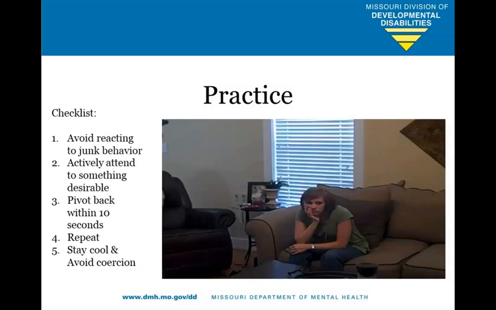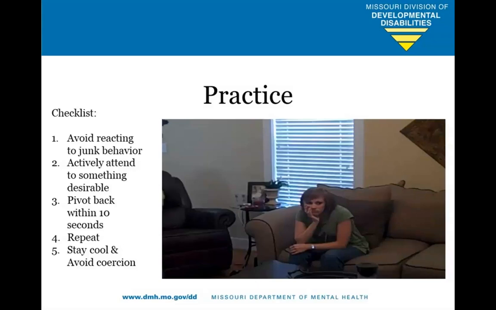So we're going to practice one more time, and this time on the checklist on the side is what you're looking for from staff. So you're looking for staff to avoid reacting to junk behavior, which would be like minor annoying behavior. That's a pet peeve for those of you that are not familiar with the term.